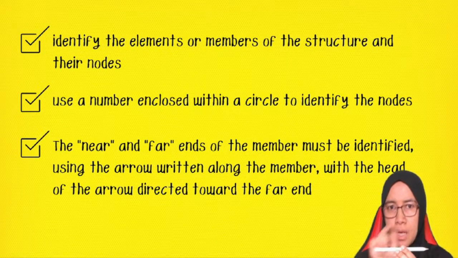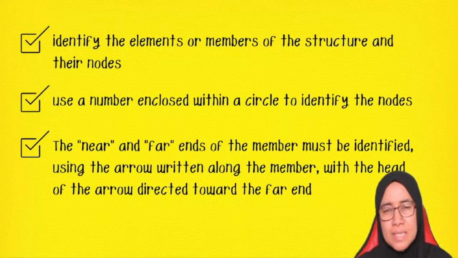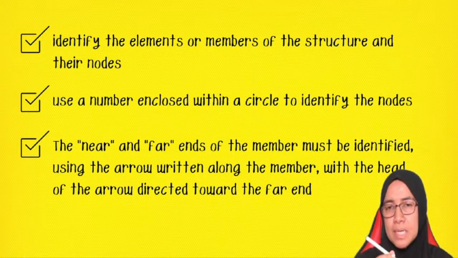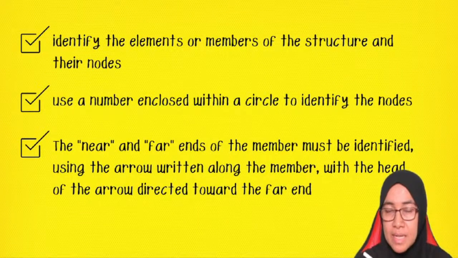Using the arrow, we will identify near end and far end. We can put the arrow in any direction, it doesn't matter, but by having the arrow, we can identify which node is near end and which node is far end.